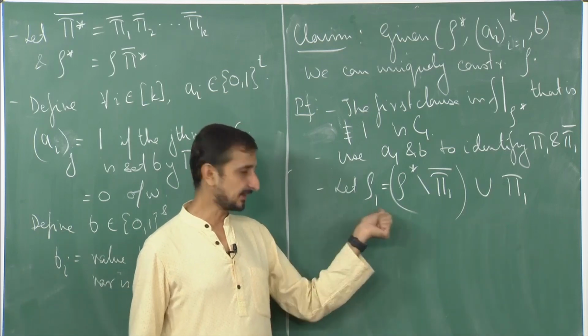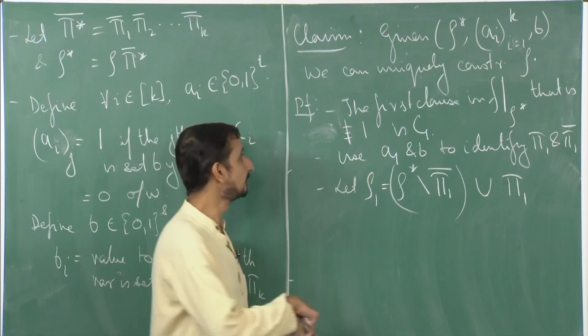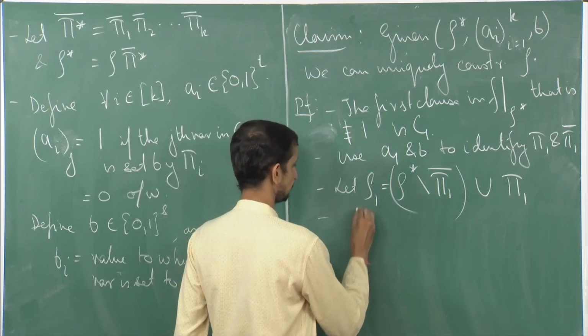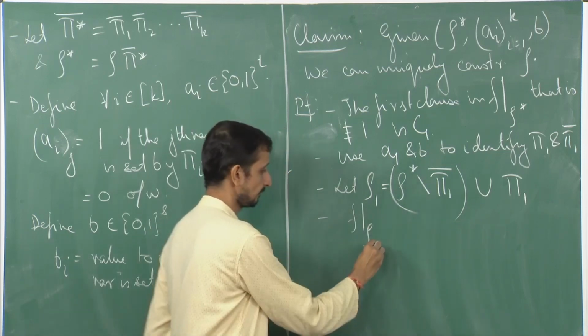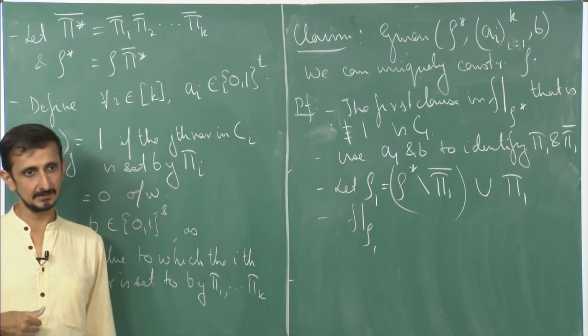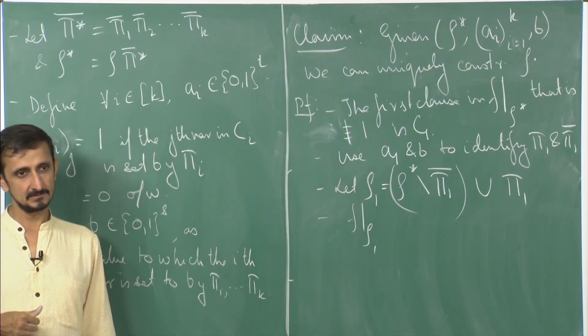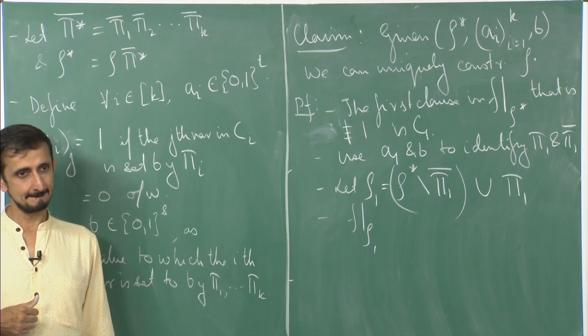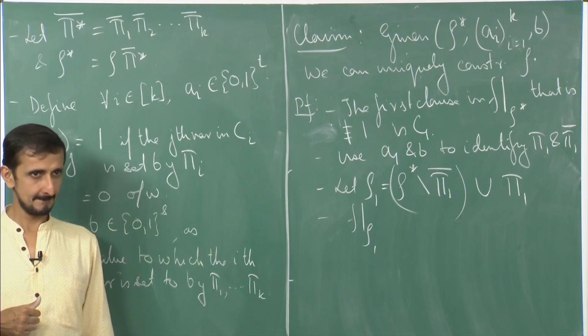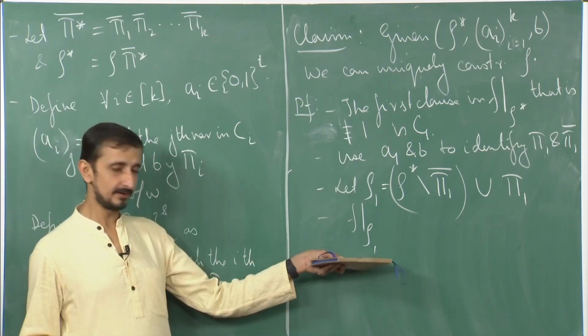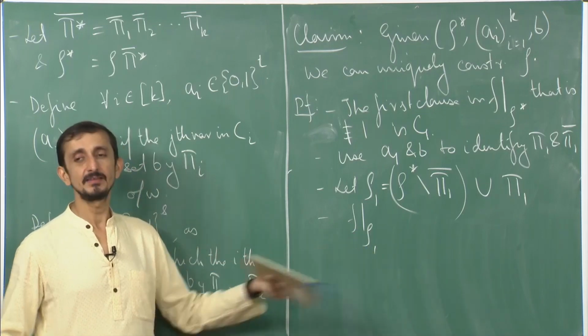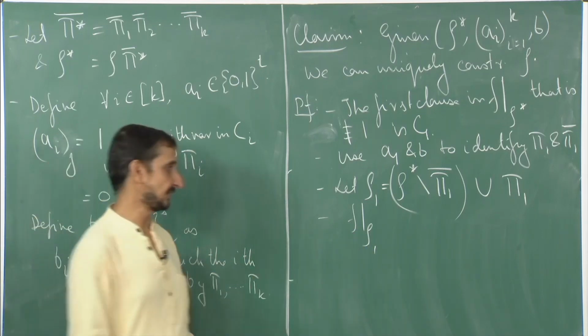So, now what can I say about rho 1? What can I say about this? Exactly. The first clause here that is not identically 1 is C2 now by the very construction.